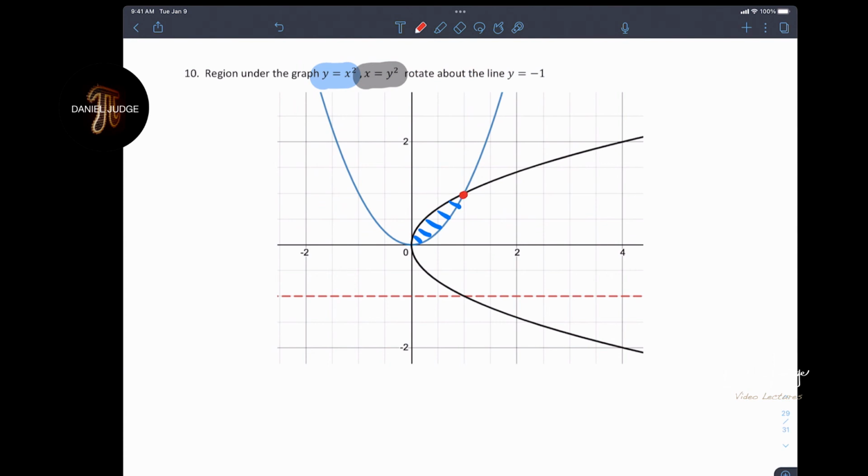So we have a point of intersection. This is 1, and this is 1. But in this example, notice what we're going to revolve this bounded region about. It's the line y is -1. So I'm going to put down here y is -1. So this is what we're going to rotate this region about.